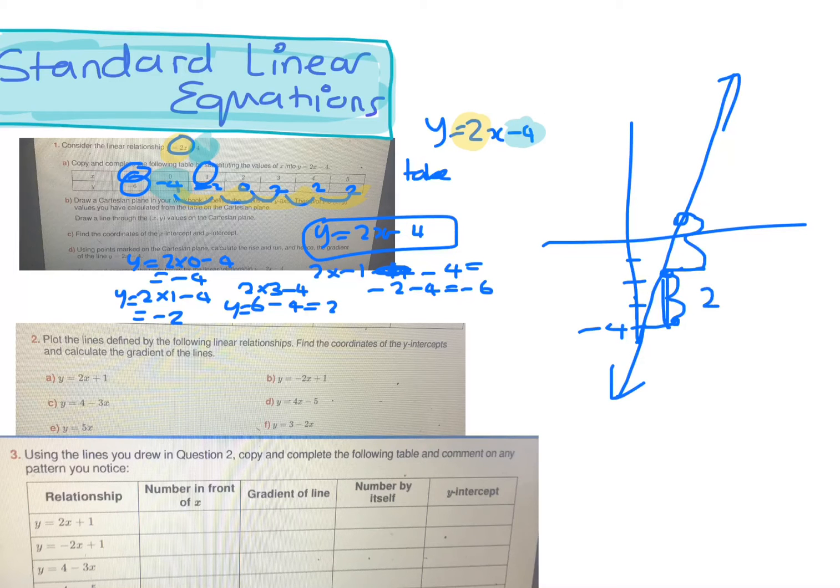That 2 up and the 1 across, the 2 on the 1, is actually the gradient of your line, because it is your rise on your run. The run is 1 and the rise is 2.